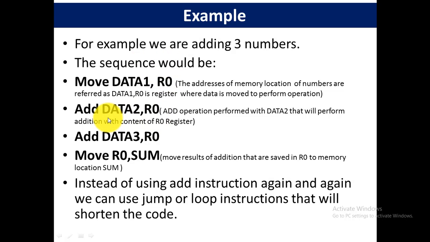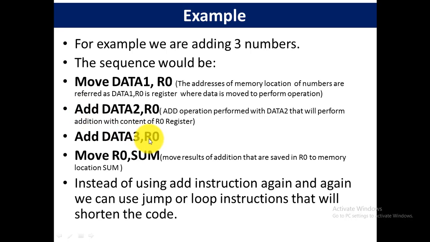In the same way, add data 2, R0: the add operation is performed with data 2 and the content of the R0 register, which already holds the value 10. So 10 plus 20 will be added.